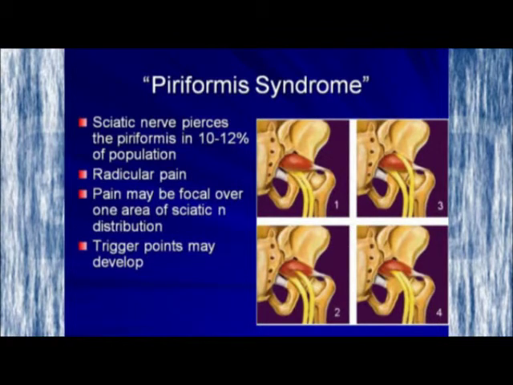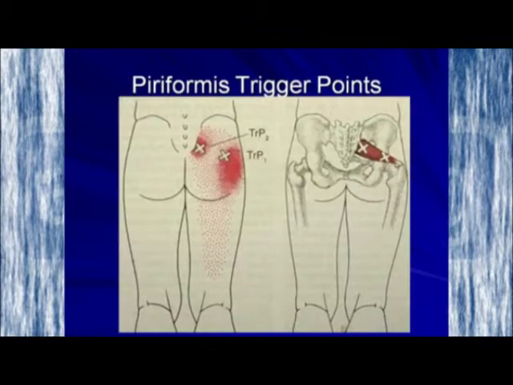The other thing that can happen is trigger points can develop within the piriformis muscle. If it's had spasm for a long enough period, the myofascia begins to develop pathology and be more easily triggered, and it will stimulate a pain pattern and a radiated pain pattern over the area. So for some trigger points, you'll have a trigger point in a muscle, and the pain pattern is either distal or more proximal, or it's a little bit remote from where that muscle is.